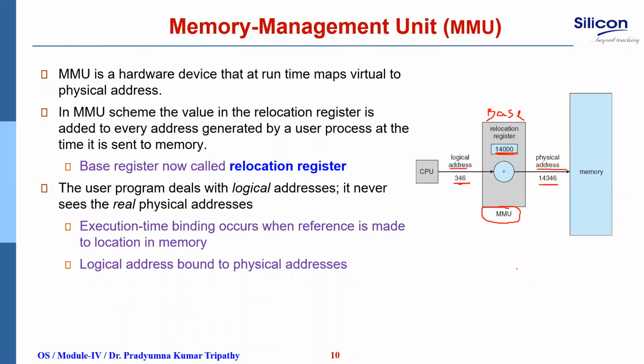The user program deals with logical addresses. It never sees the real physical addresses. The user program deals with only what? Logical addresses. Execution time binding occurs when a reference is made to a location in memory, and the logical address is bound to a physical address. So remember, the address generated by the processor is the logical address, which needs to be converted to the actual address in main memory, the physical address.